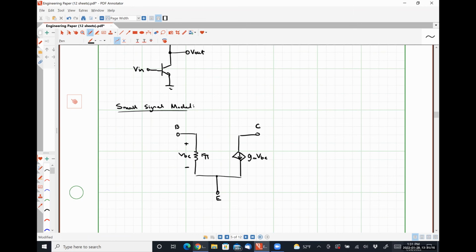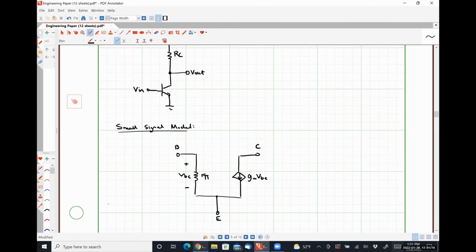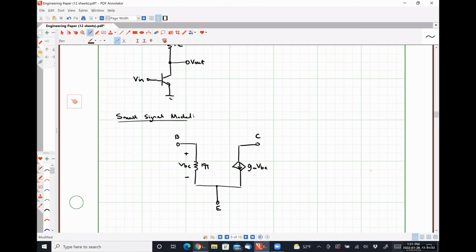All right. What else do I have? So between my collector terminal and AC ground, my power supply, I have the resistance RC, right? Since my emitter is at ground, I'm just going to use this whole thing as my ground terminal.